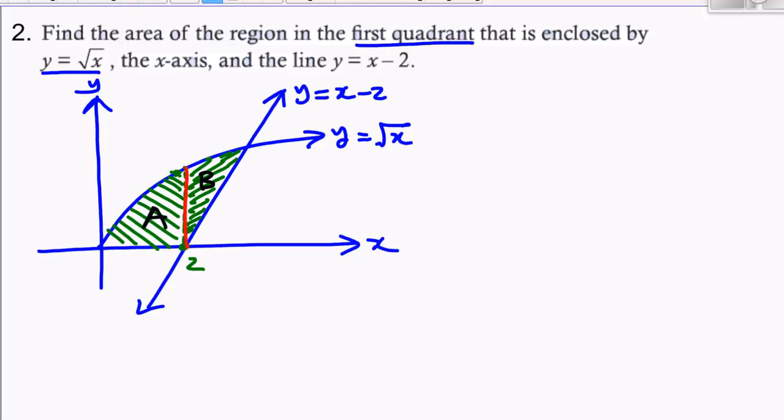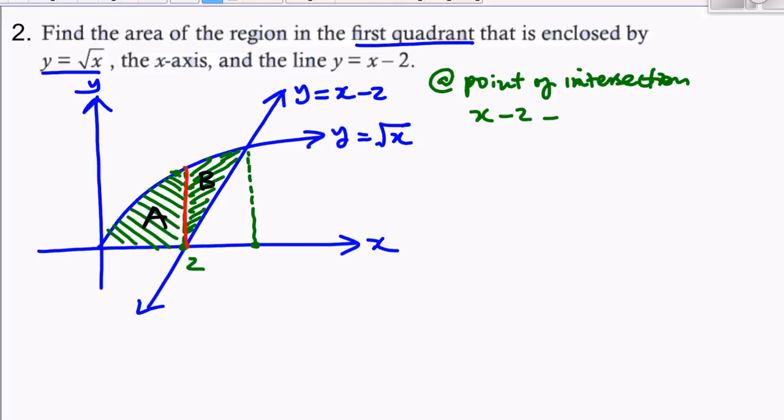Anyway, we need to find the x value at this point here, where the two graphs intersect. So at the point of intersection, x minus 2 will be equal to the square root of x.